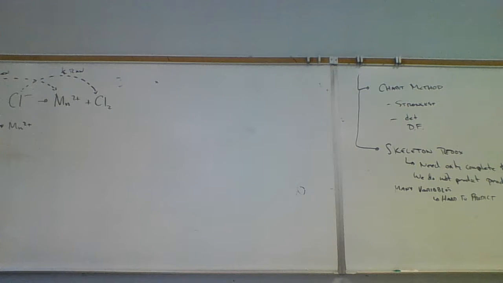The way we balance this is by following these steps here. So the steps are to balance all elements other than hydrogen and oxygen. Balance all elements except for hydrogen and oxygen, H and O.